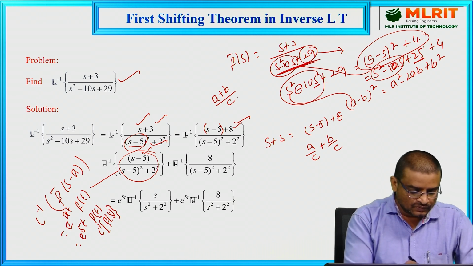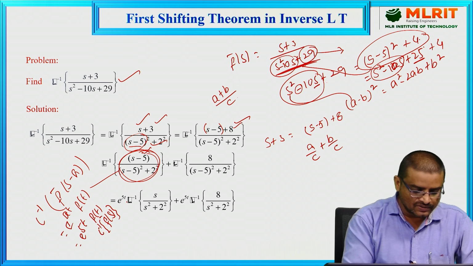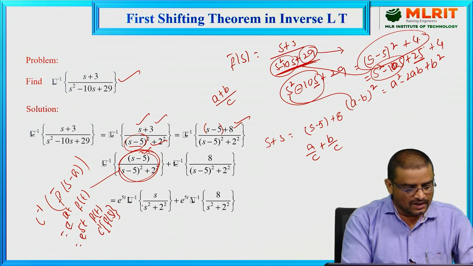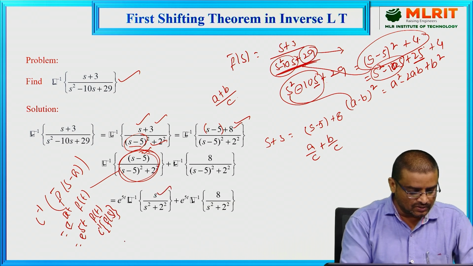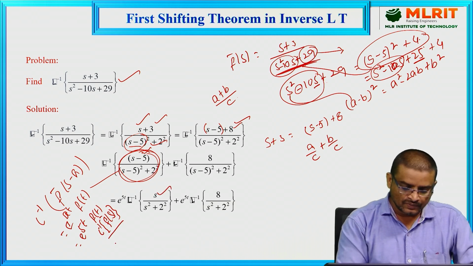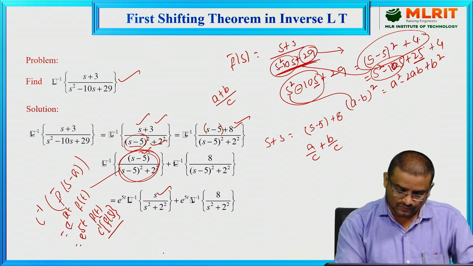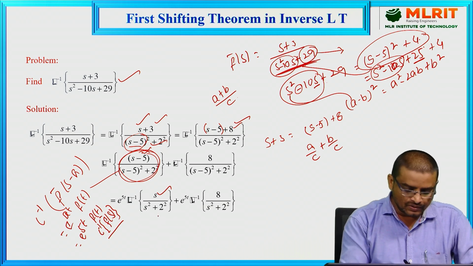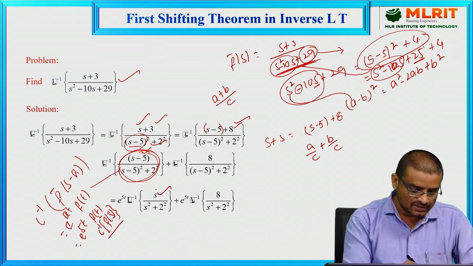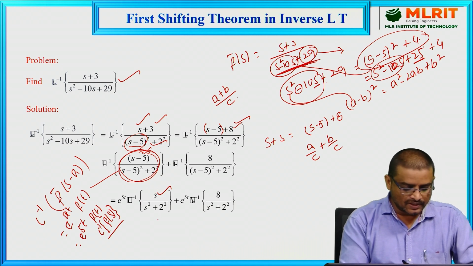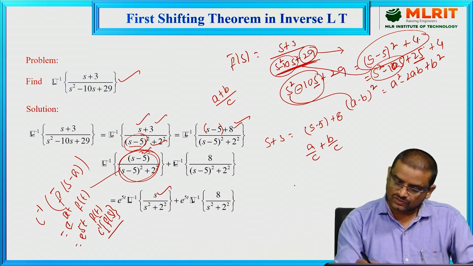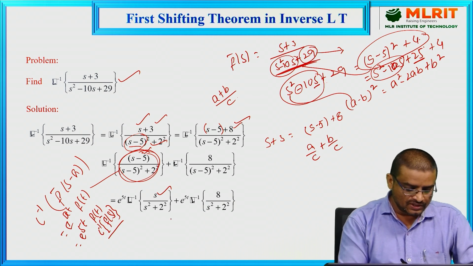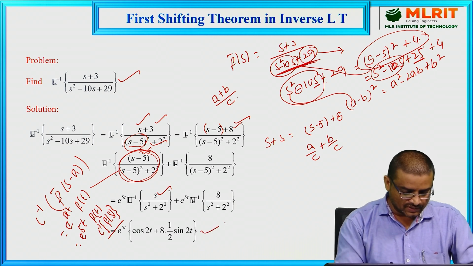From the previous function which is in terms of s minus a, s minus 5, replace that s minus 5 with s, and you will get our f bar of s value. In both cases this is the procedure we have to follow. Now use the standard formulas: L inverse of s by (s square plus a square), and L inverse of 1 by (s square plus a square). Use these formulas and you will get our required value here.